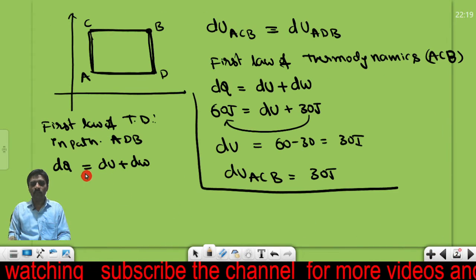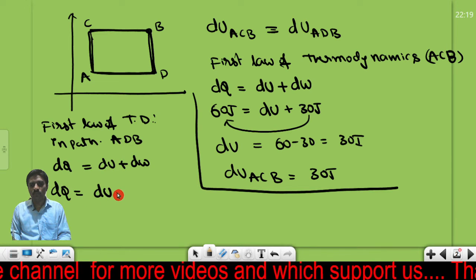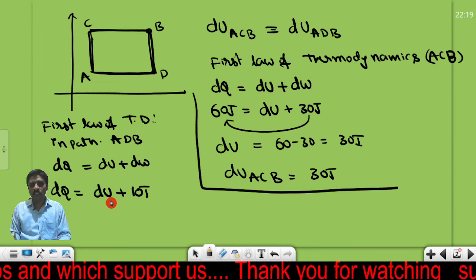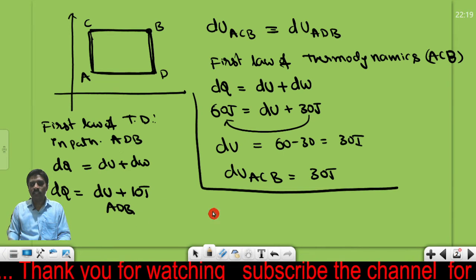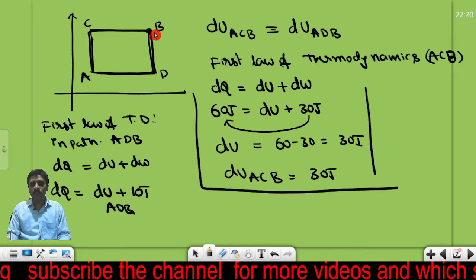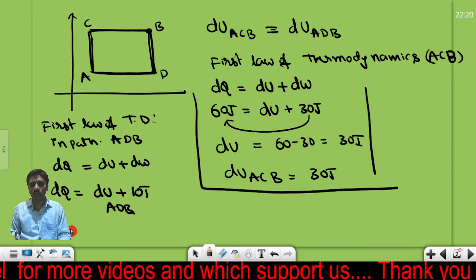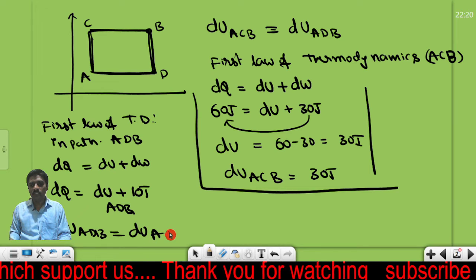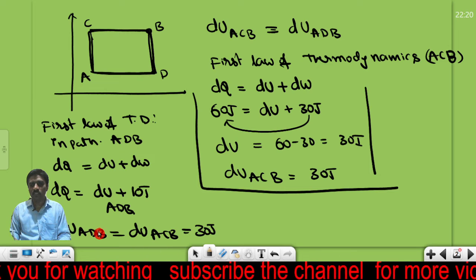Our goal is to find dQ. dU we do not know, dW is 10 joule. But as ACB and ADB move to the same final point, dU for ADB is equal to dU for ACB, both are the same, which we have just evaluated as 30 joule.